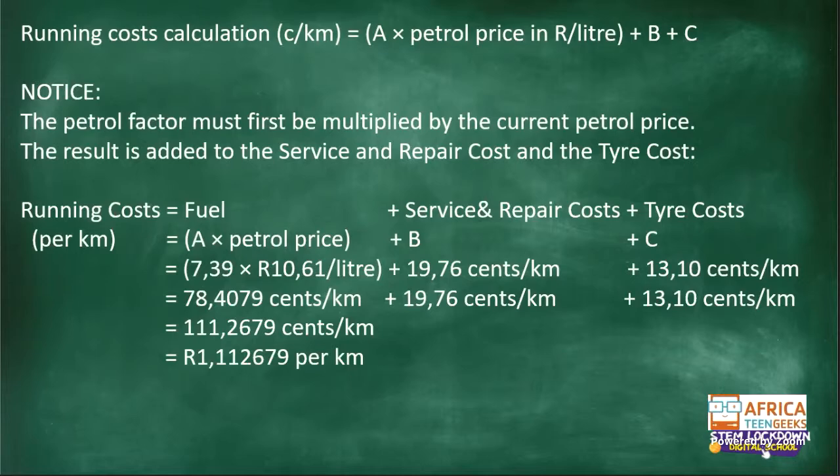So this is the exact formula that we use to calculate costs per kilometer. And of course, in the case of hiring a vehicle, you may be told, for instance, that you have to pay about, let's say, 5 rands per kilometer, depending on the car.